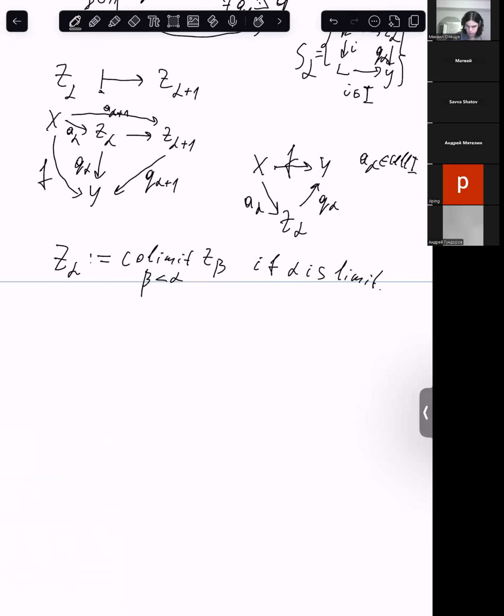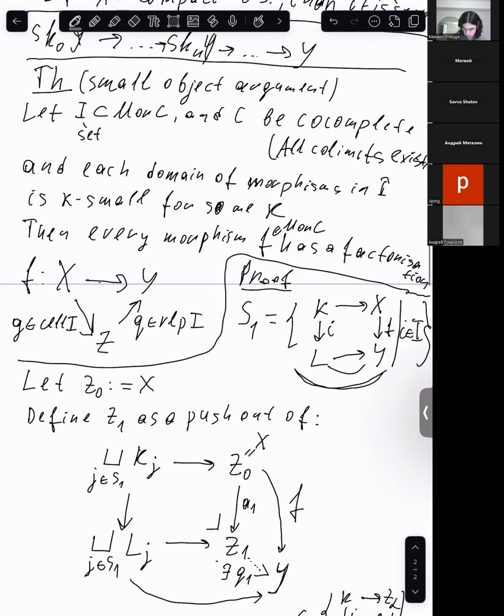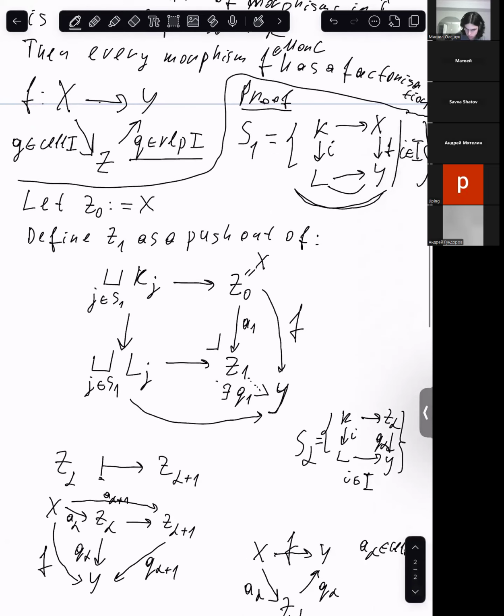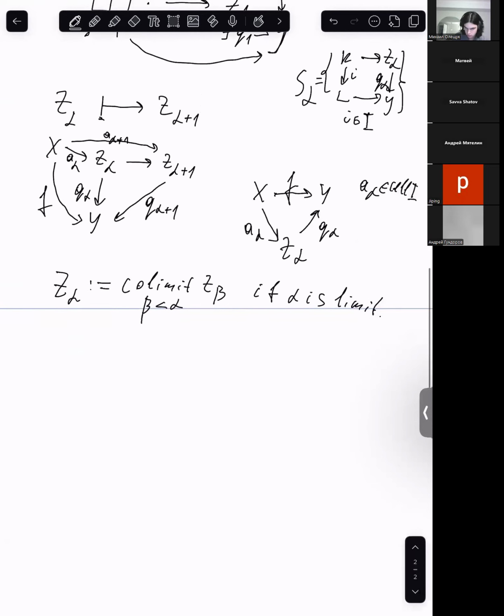Okay, but in the statement of our theorem, we want Q to have the right lifting property against all I's. So why is that?